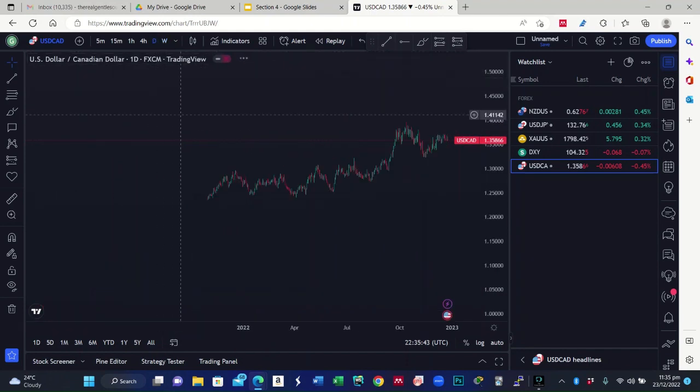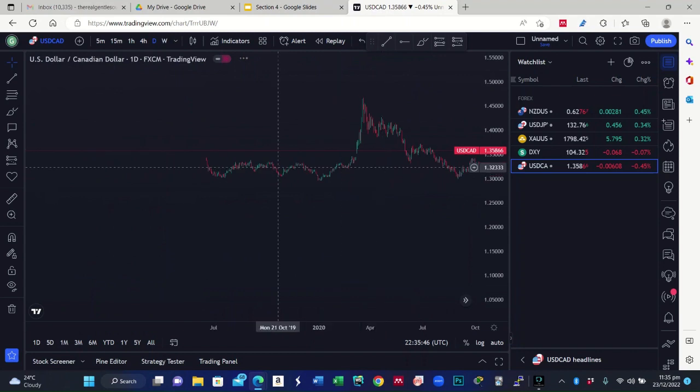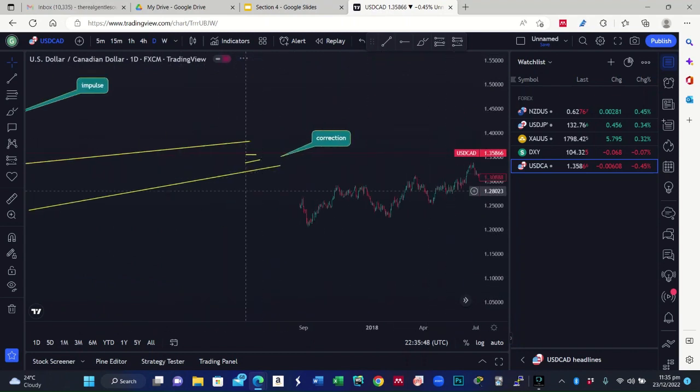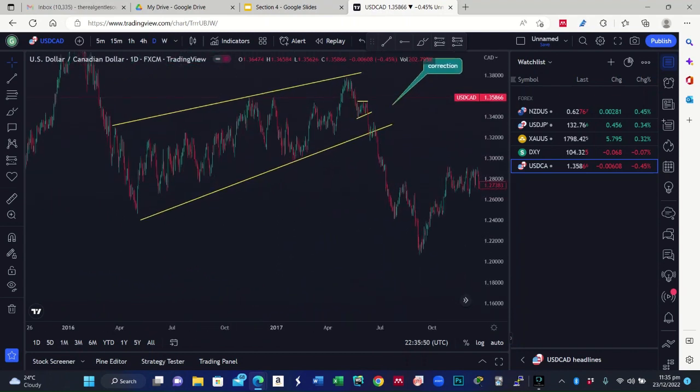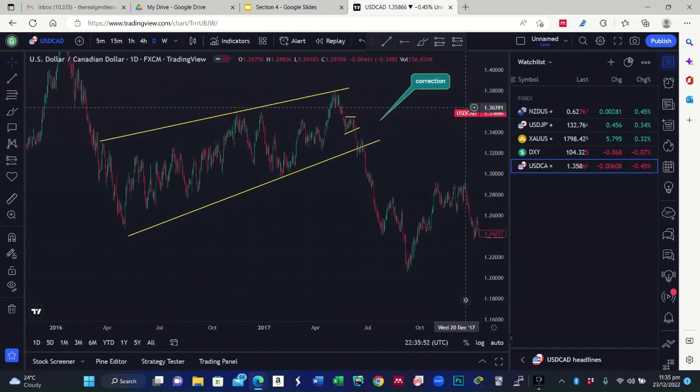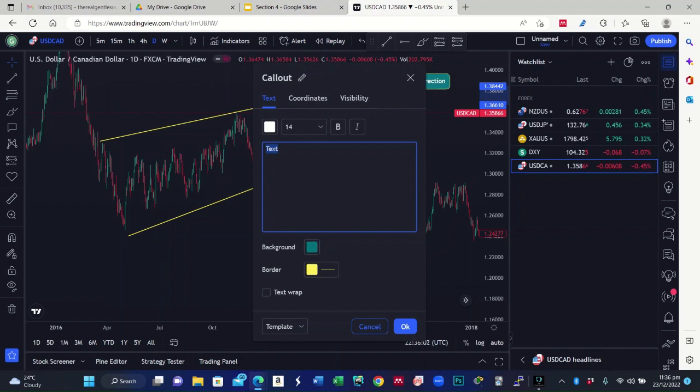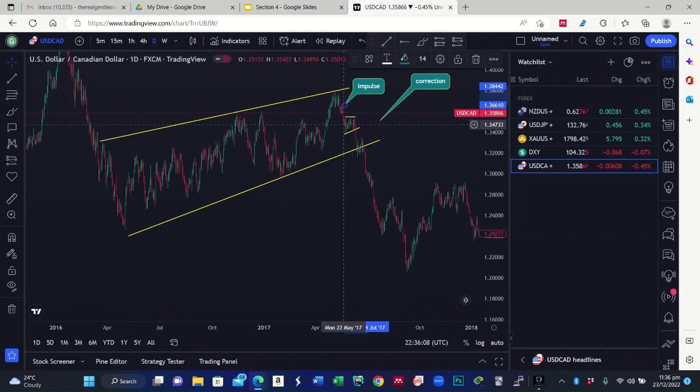So if we dive deeper, you can see that inside this correction, there is another impulse, correction, then another impulse. Let me label them. This is an impulse. This is a correction.